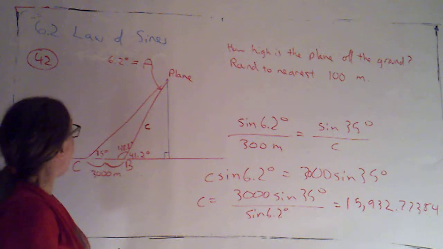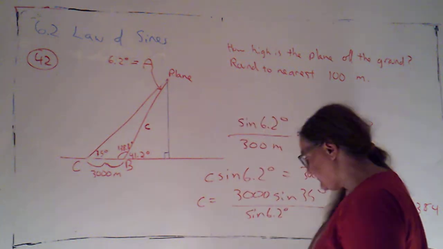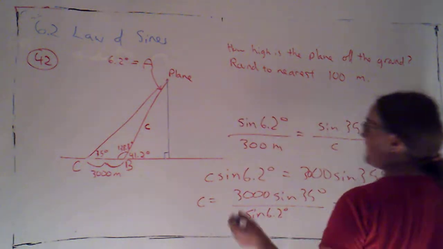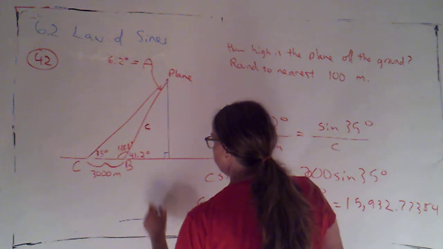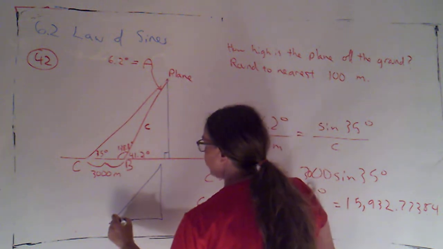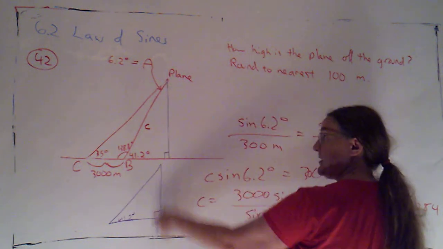But now I can say, all right, I've got this nifty right triangle. Let me just copy that right triangle that we have. That's this right here. This is 41.2 degrees. I want to know this.